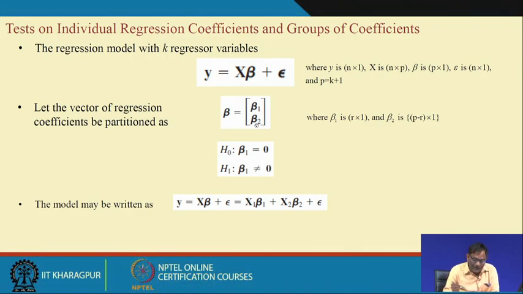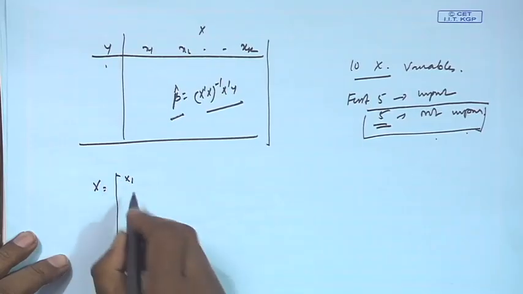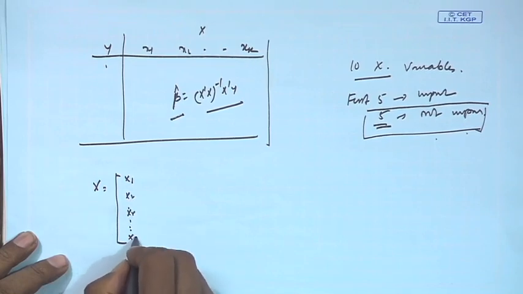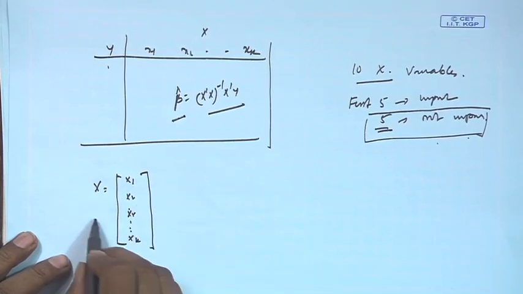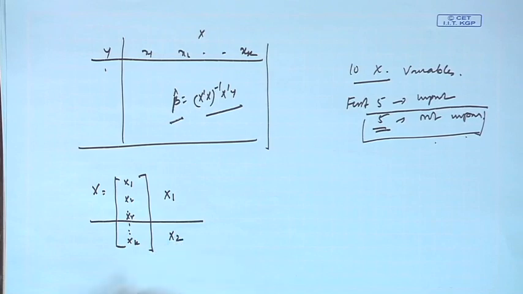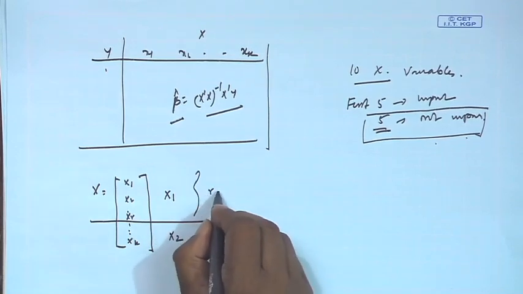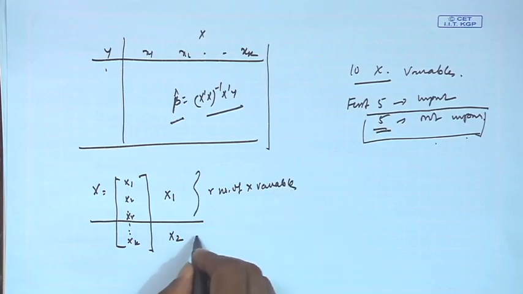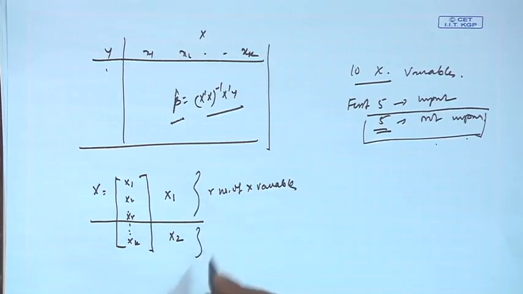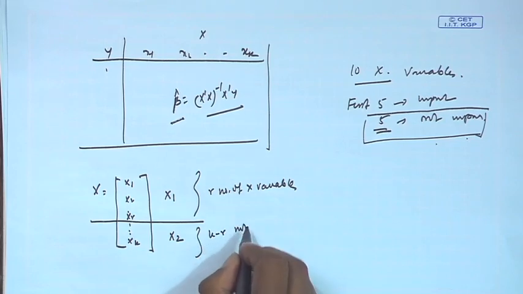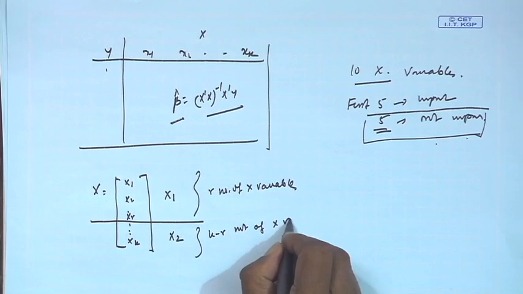That means you are partitioning x, which is x1, x2 to xr to xk. You are making 2 partitions here. This side you are saying x1, which has r number of x variables, and here the total is k minus r number of x variables.